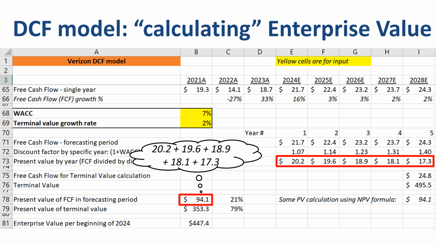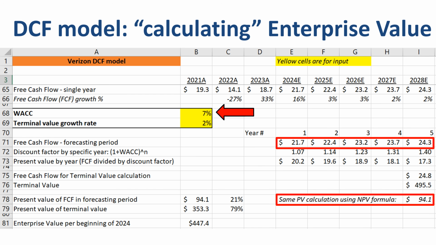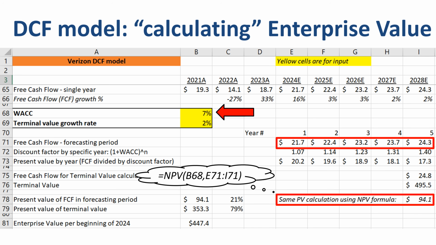The other way to do it is to use the NPV formula in Excel. NPV of B68 applied to E71 through I71. B68 is the cell in our Excel worksheet where the WACC is located. E71 through I71 contain the nominal, undiscounted free cash flow numbers. Guess what?